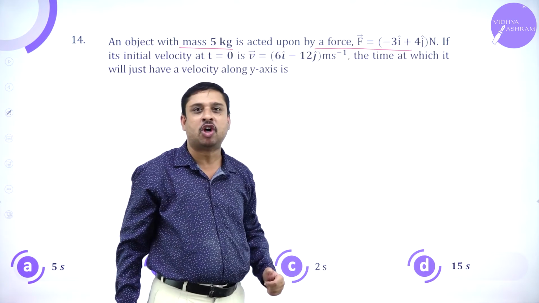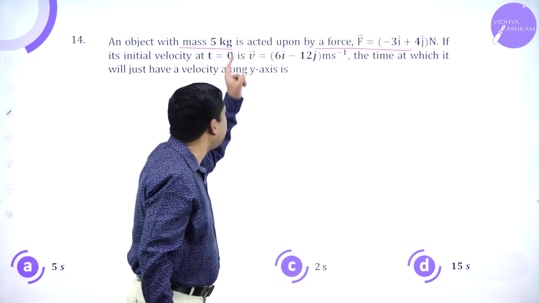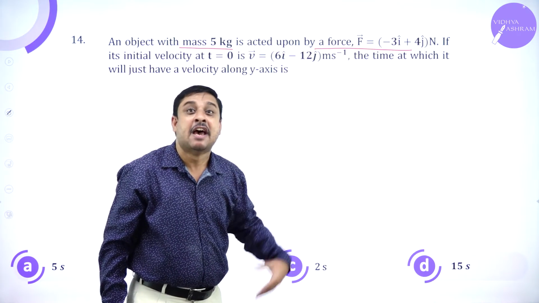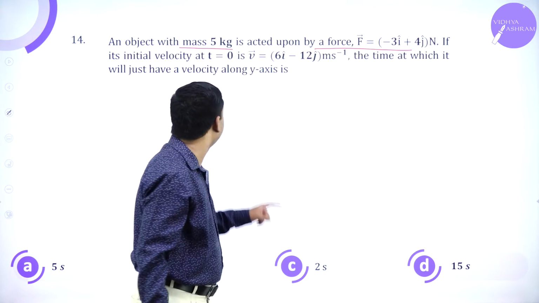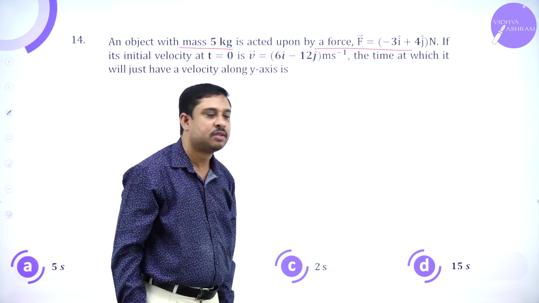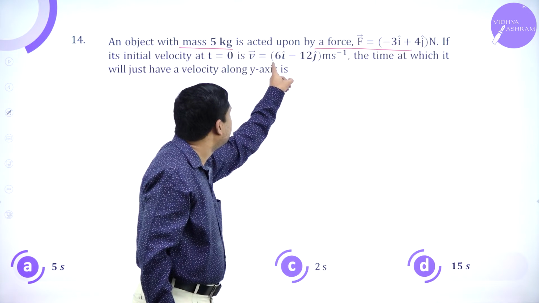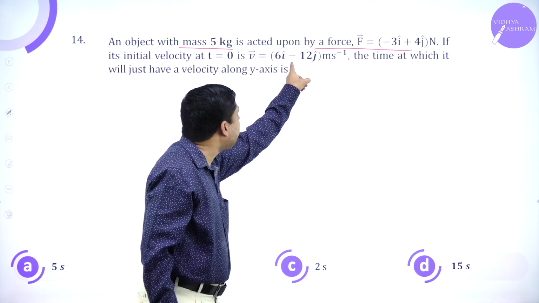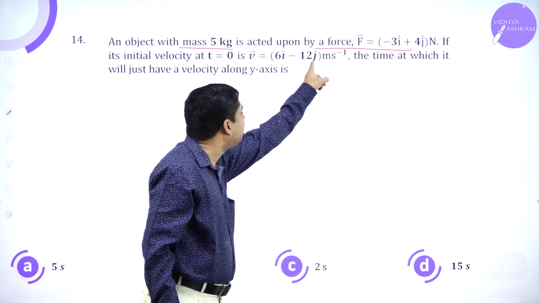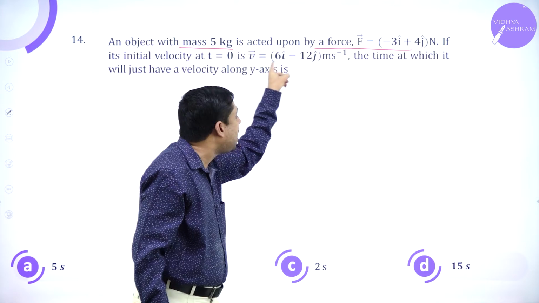So much of force is acting on an object whose mass is 5 kg. Its initial velocity at t equals 0 is 6i minus 12j meter per second. This is the initial velocity.